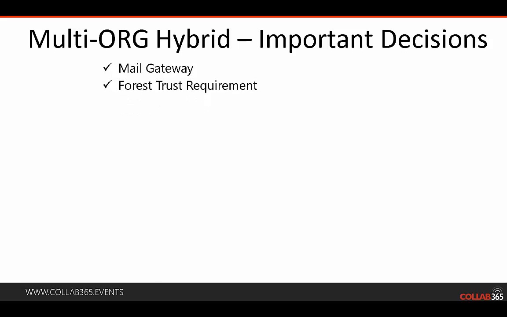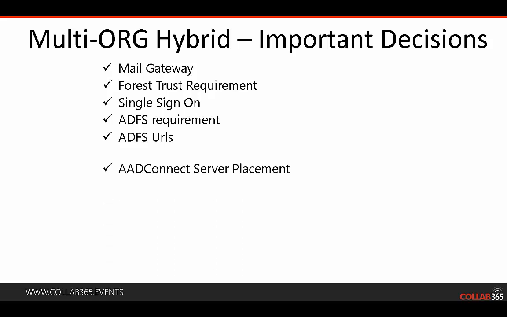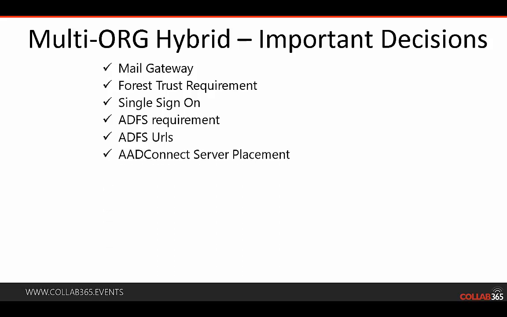All right, then forest trust requirement. Do we need a forest trust, and for what reasons? Then single sign-on requirement, then ADFS requirement, then ADFS URLs requirement, and that has to be updated in the certificate. Then AD Connect placement. Do you want it in forest A, forest B, forest C?